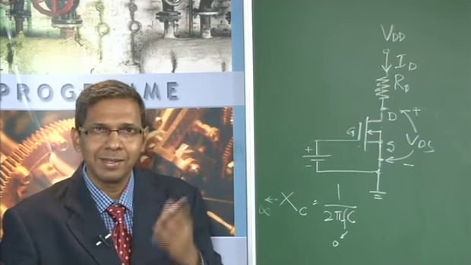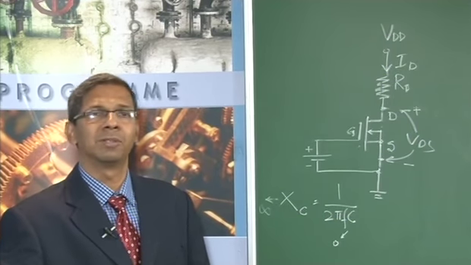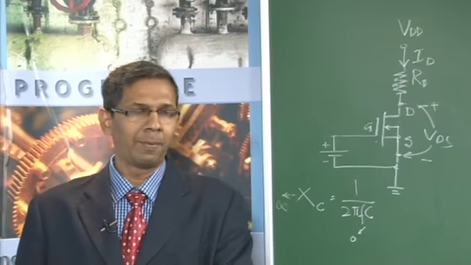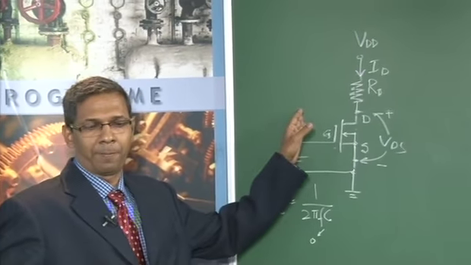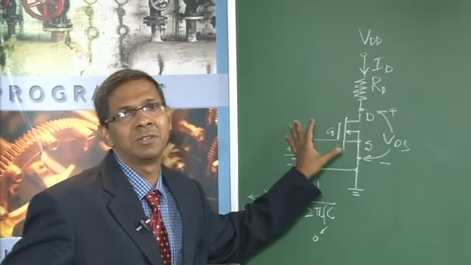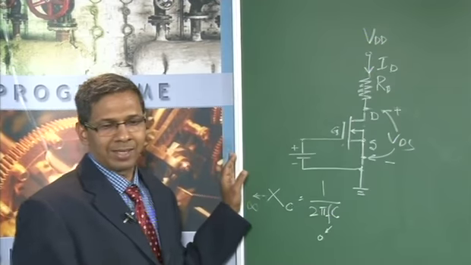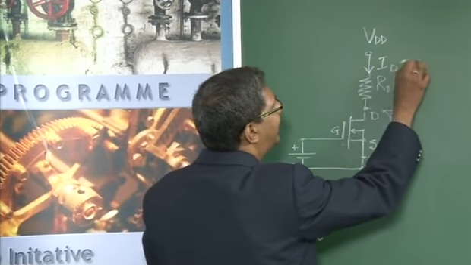Let us understand this entire concept by means of an example. In this figure, it shows a biasing configuration using a depletion MOSFET. It is given that the saturation drain current is 8 milliamperes.